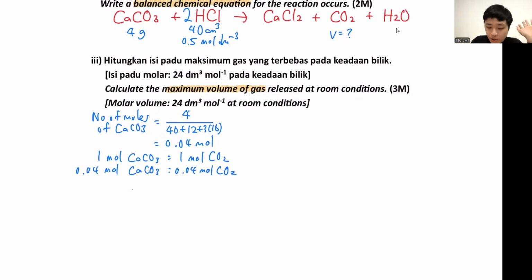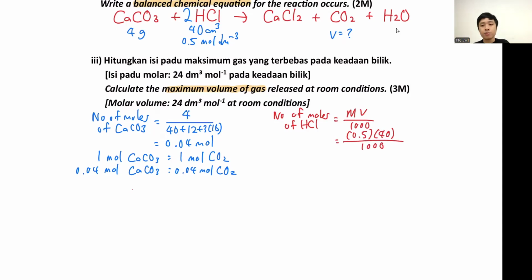And then you do it for the HCl one, which they give you M and V. So MV over 1000. M is 0.5, V is 40. So you get around 0.02 mole.